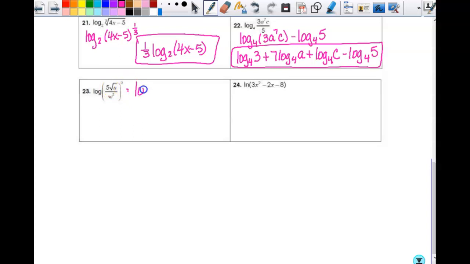So this is going to give me the log of 5 cubed times u to the 3/2 power over w to the 6th. So this will give me 3 times the log of 5 plus 3/2 times the log of u minus 6 times the log of w.